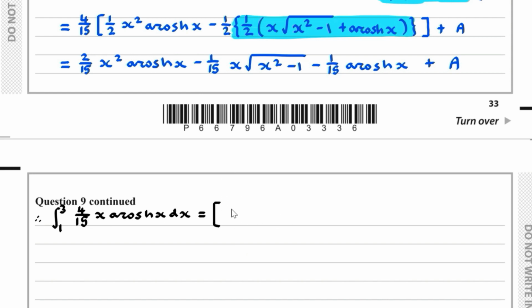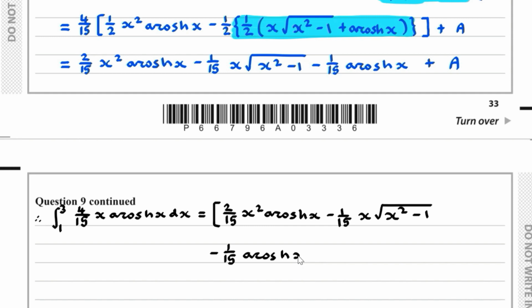We have 2 over 15 times by x squared times by the inverse hyperbolic cosine of x minus 1 over 15 times by x times x squared minus 1 square rooted minus 1 over 15 times by the inverse hyperbolic cosine of x, and then we evaluate this between 1 and 3.